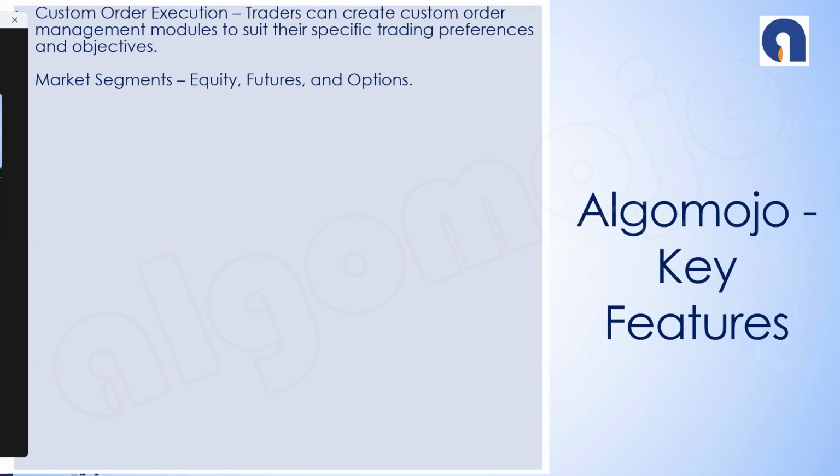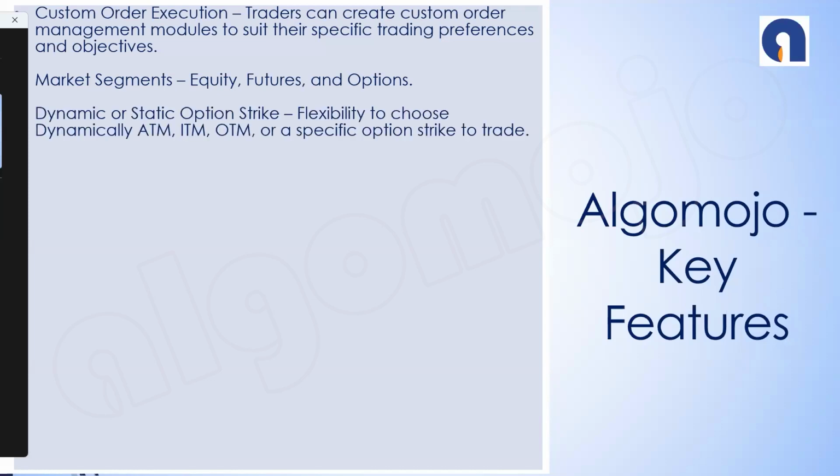So the basic requirement in terms of order placement is pretty flexible for you to choose and select. You can define what you want to trade in our platform as a one-time activity, and whenever the signals are generated from your charting tool, the same can get executed in the account.